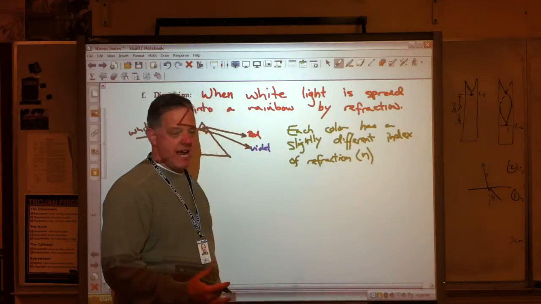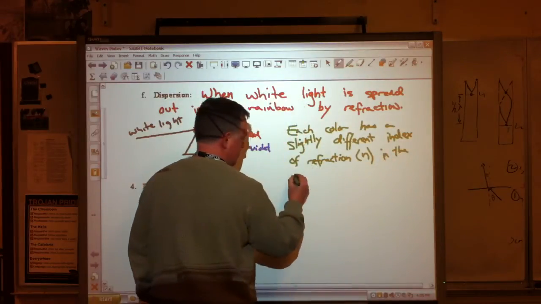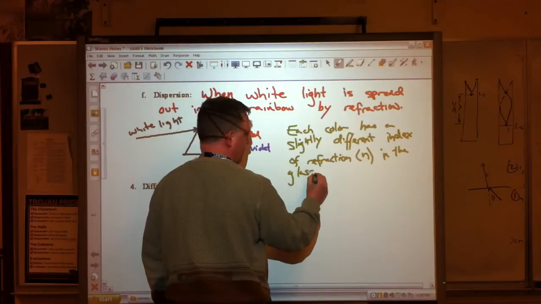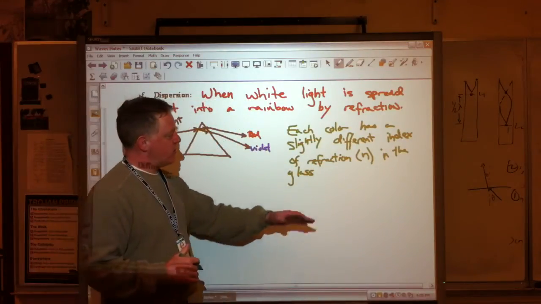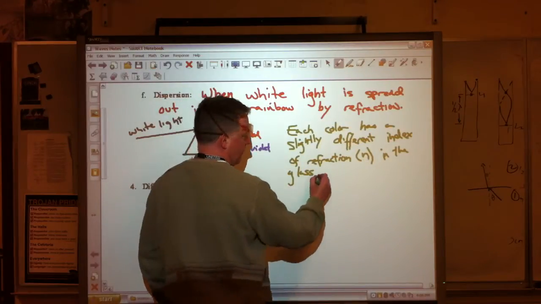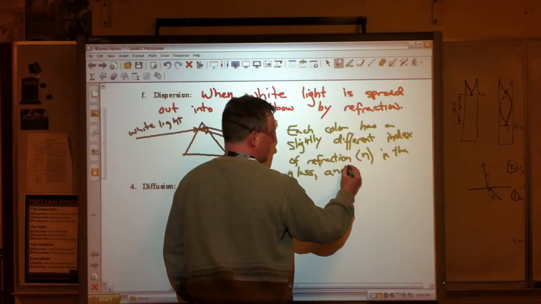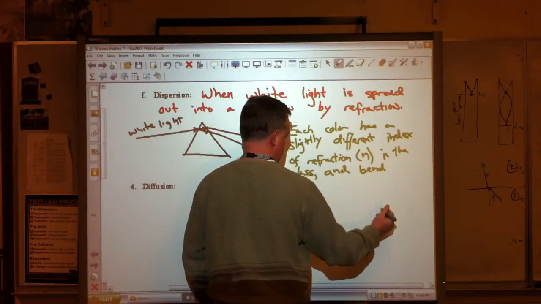Remember, index of refraction is n in the glass. So if we think of Snell's law, n1 sine theta 1 is n2 sine theta 2, if all the n2s are slightly different, then all the theta 2s are going to be slightly different. So each of the colors will bend at a different angle.